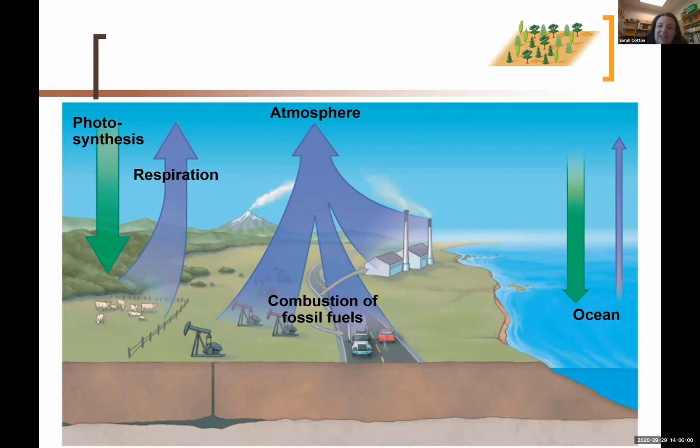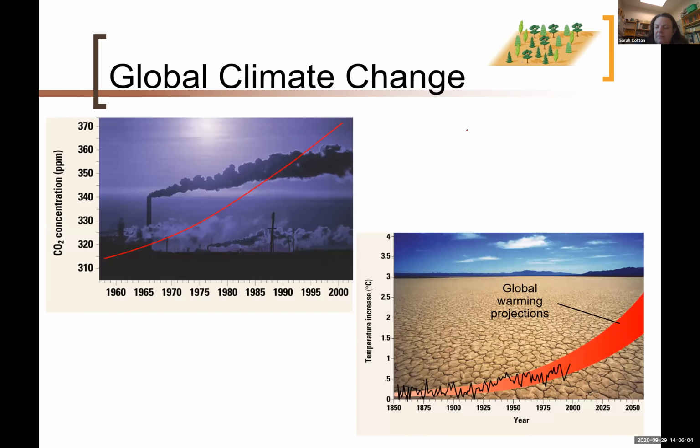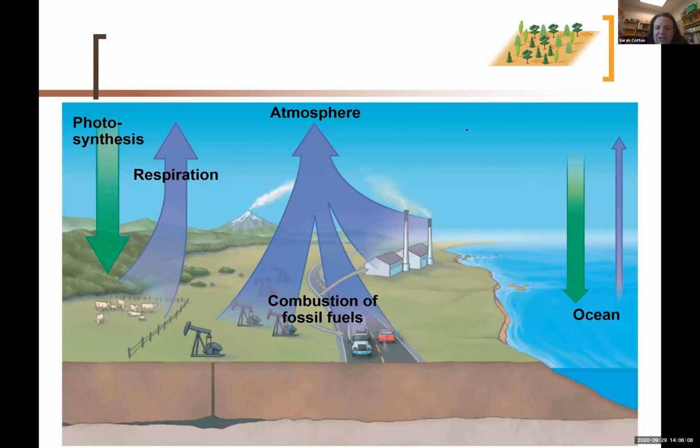So what happens is, instead of having a cycle where this arrow and this arrow are even, right? What happens is you have an overabundance of the purple arrows and not as much of the green arrows. So more carbon dioxide being produced than is being captured, okay?